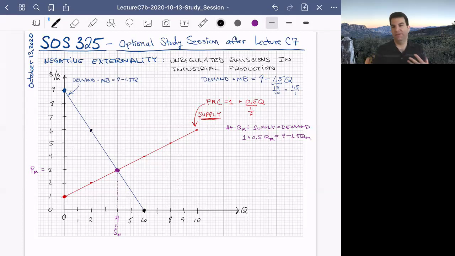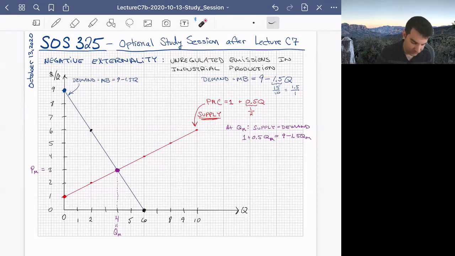You could view that as the cost to keep the lights on or something like that. So that's why it's starting at 1. In general, these lines don't always have to start from 0, but otherwise, the math works out about the same.